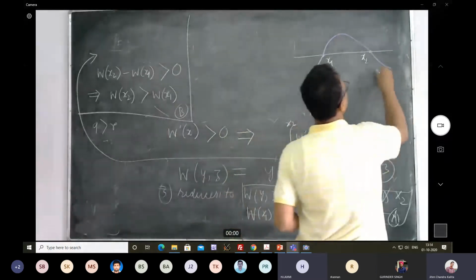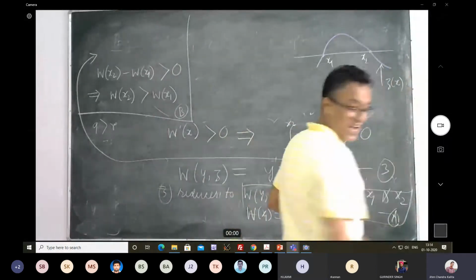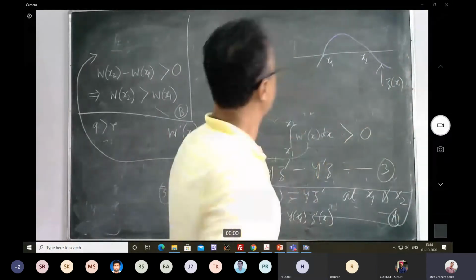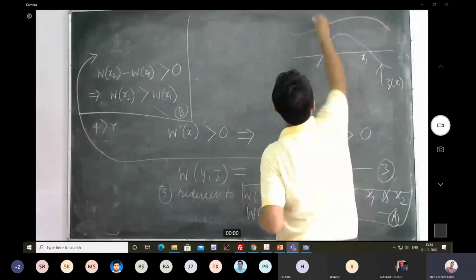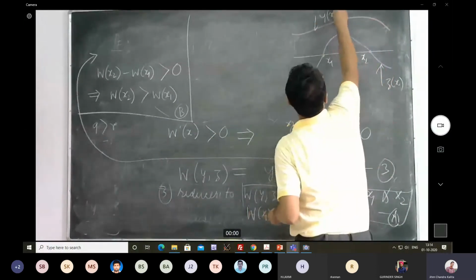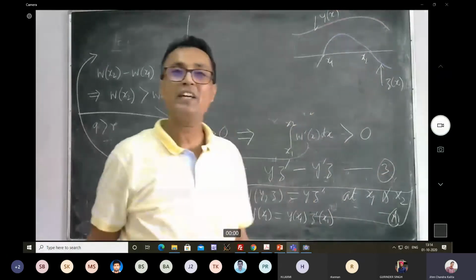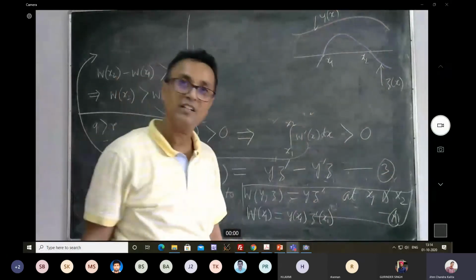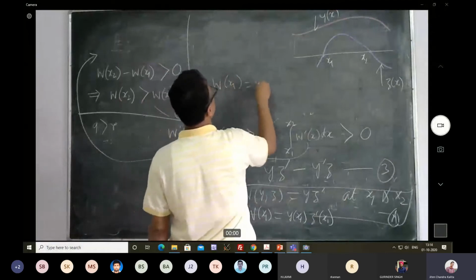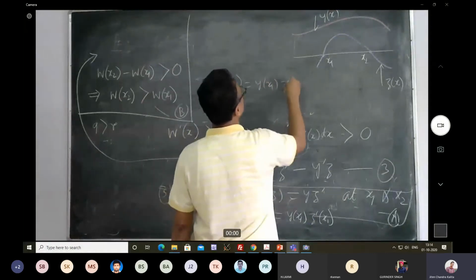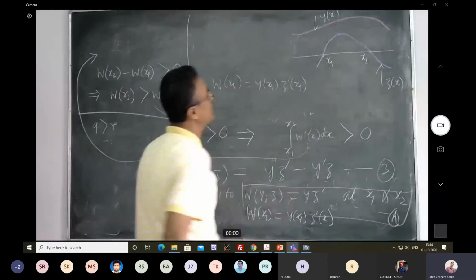This is z, and I have already assumed that in this interval y is always greater than 0. Under those assumptions, W(x1) equals y(x1) z prime(x1). Will it be positive or negative?